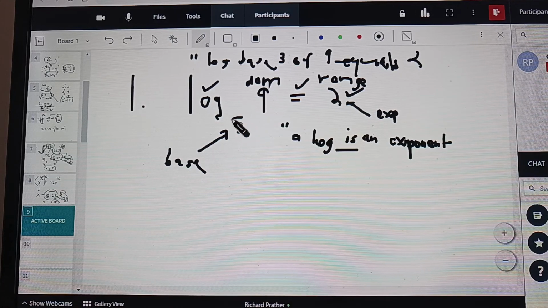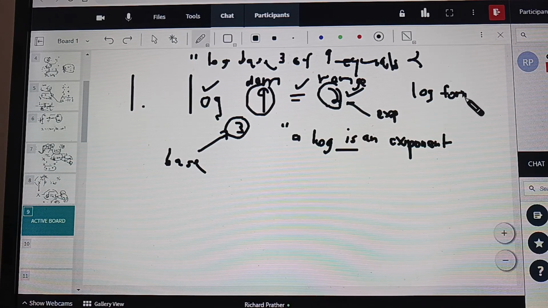So when I have a log equation that has its 3 parts, this is called the log form of this equation. There is an equivalent exponential form that looks like the problems of the last homework. And it has 3 parts too. It's these same 3 numbers, 3, 9, and 2. They're just in a different order.